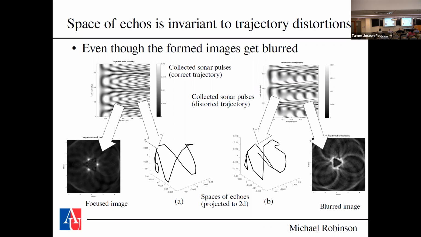In fact, really the only difference is a little bit of sampling error. So again, this suggests that the topology of the space of echoes has something to do with the structure of the target without paying attention to the trajectory. So the sensor structure, which definitely messes up the image formation, doesn't change the topology.